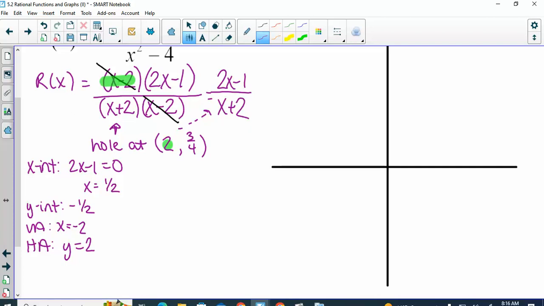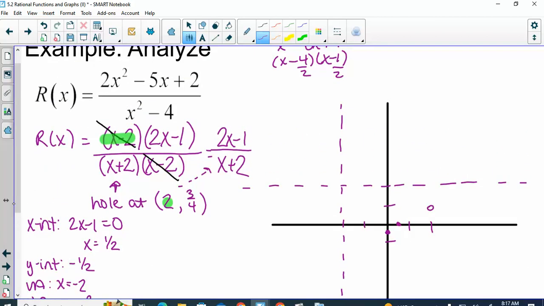Alright, so if I go to plot this: horizontal at positive 2, y-axis at negative 1/2, x-axis at positive 1/2. How do I show the hole? Open circle at positive 2, positive 3/4.